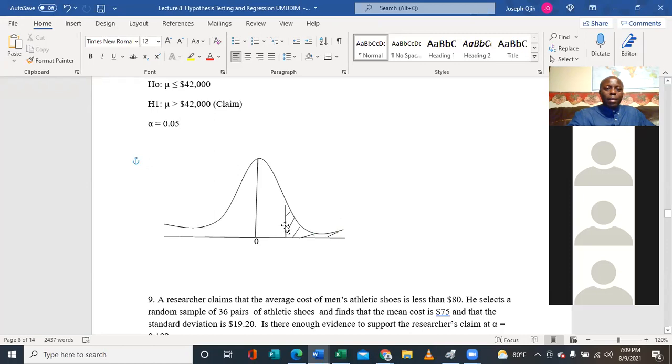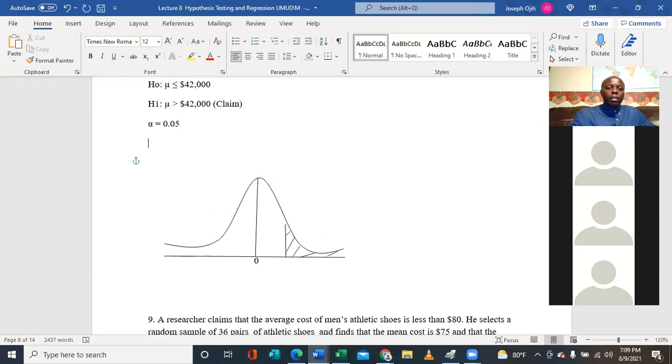I remember I told you when we were doing normal distribution that when it is on the right there, you have your critical value Z, Z critical.